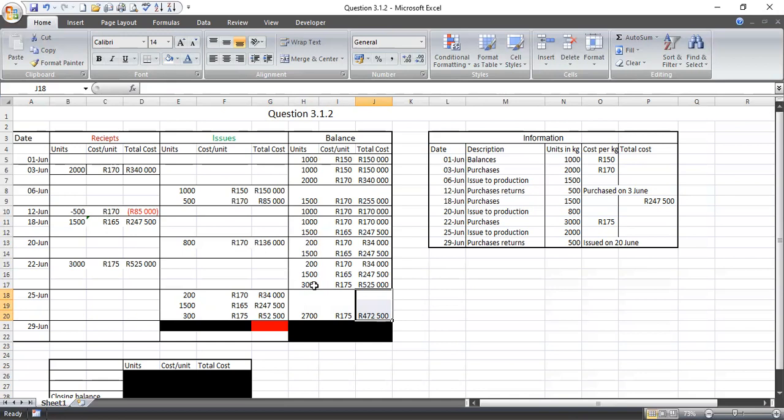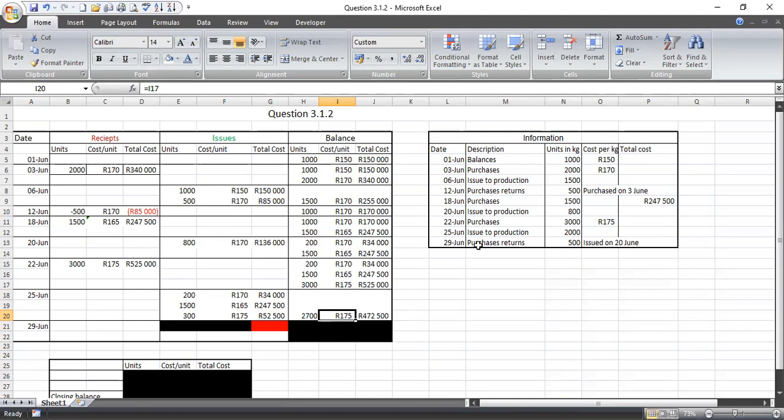So we say 3,000 units minus the 300 units to get the remaining inventory of 2,700 at a cost of 170 and at a total cost of 472,500. So this is our balance in the storeroom on the 25th of June.